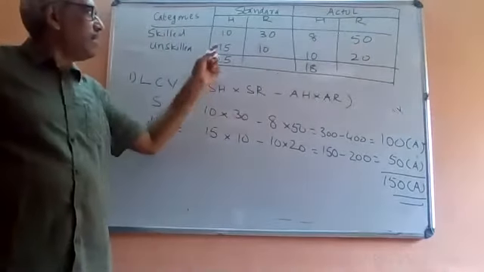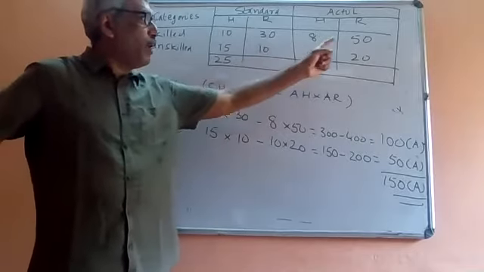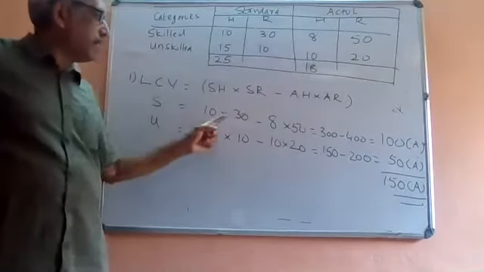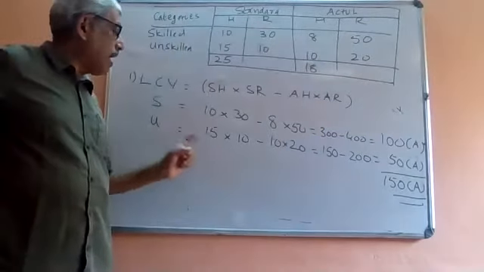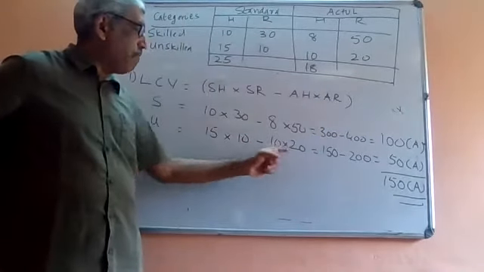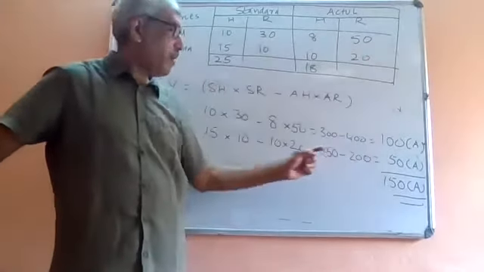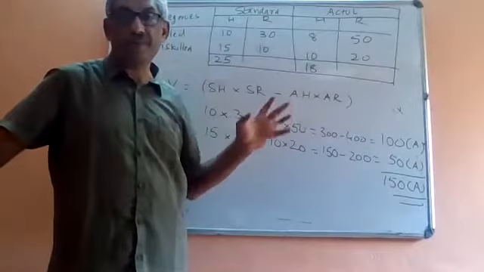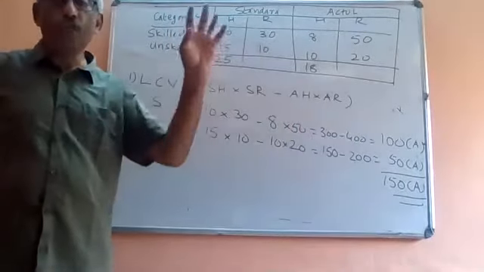Then for unskilled, the same. So here it is 300 minus 400, 100 adverse, and for unskilled it is 150 minus 200, that is 50 adverse, and total is 150 adverse. So this is how we calculate labor cost variance.